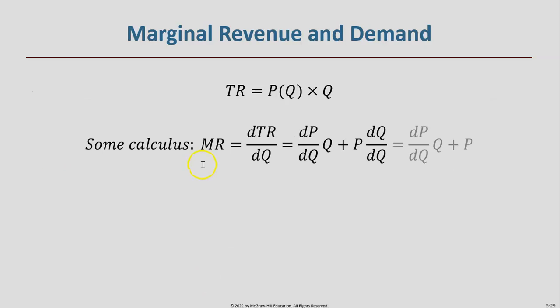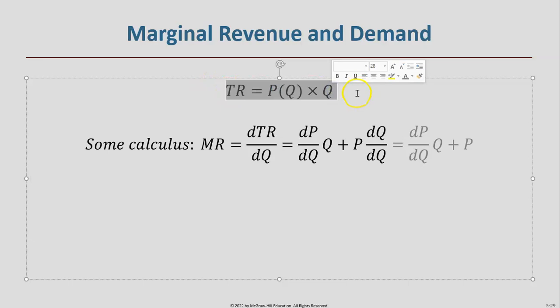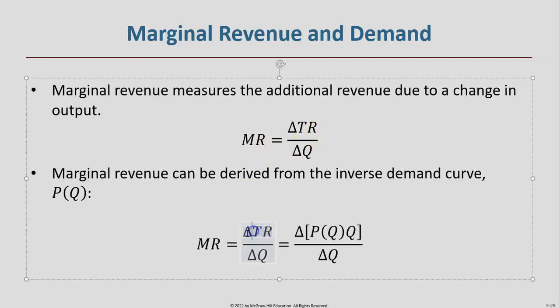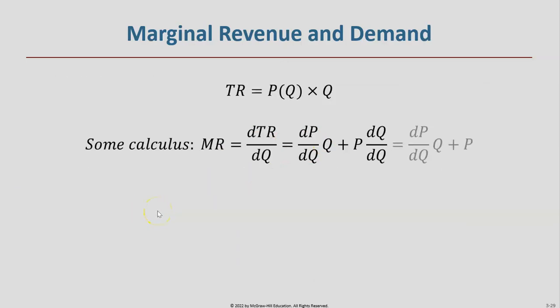Okay, so since total revenue is the product of price and quantity, then for marginal revenue, if we use some calculus, recognizing that as we go from discrete changes, these triangles, to small changes, we just move a little bit into calculus, we can derive what that relationship is.